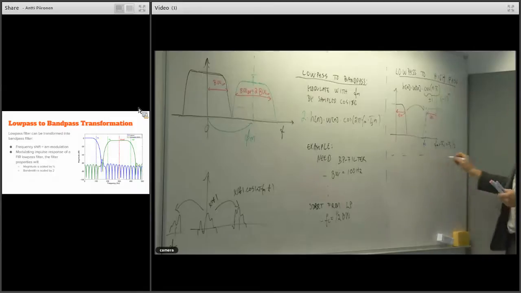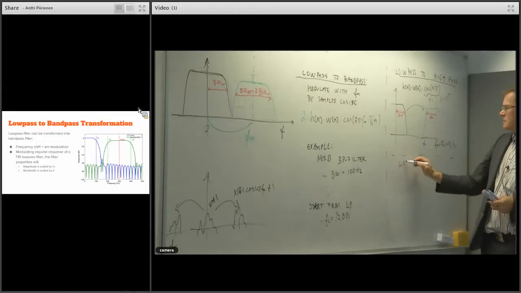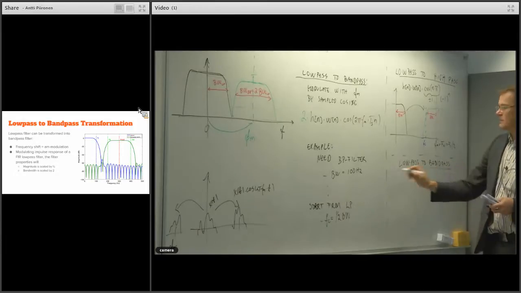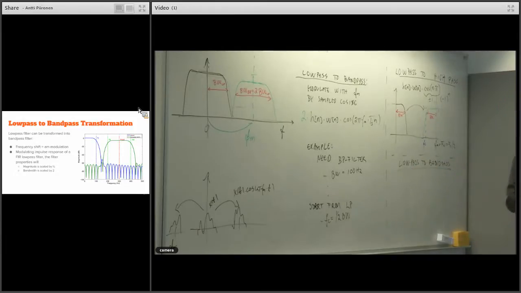Then we also have that low pass to band pass. Okay, how to do low-pass to band-pass filter design?